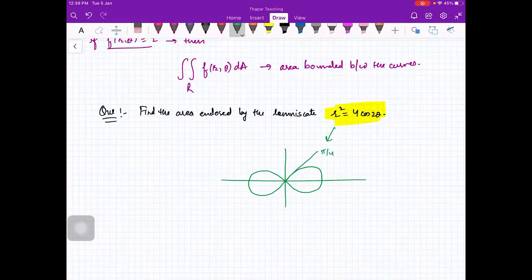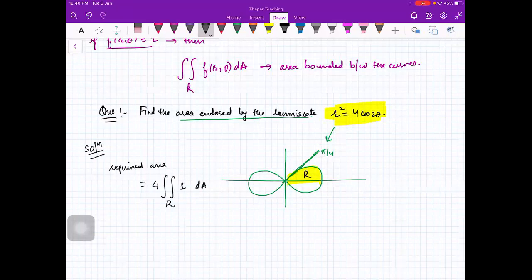Is that okay, beta? Now it is asked to find the area enclosed by the lemniscate. So we can just find this much area and make it 4 times because of symmetry. So the required area is equal to 4 times this area.